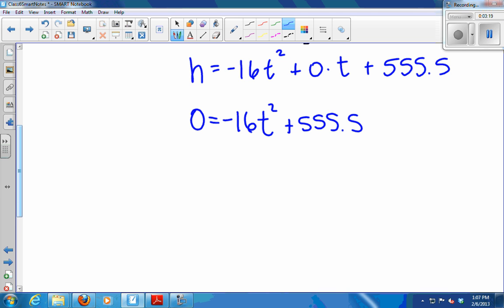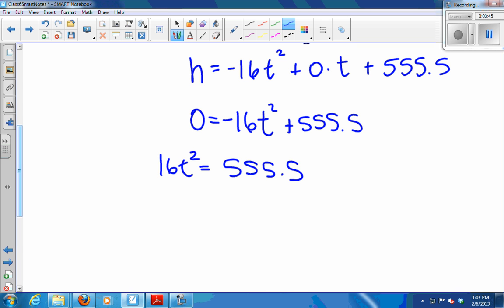So we could move the 16t squared over, add it to both sides, and we get 555.5. And then what should I do? I could square root because it's easy to square root 16, but what could I do first that would make this a little bit easier?